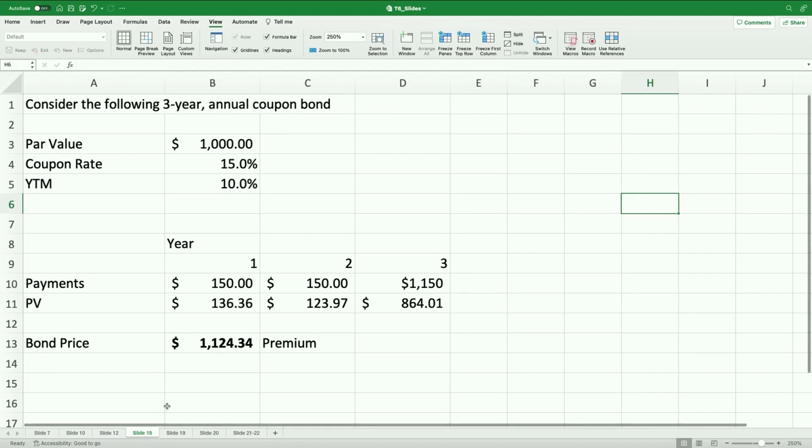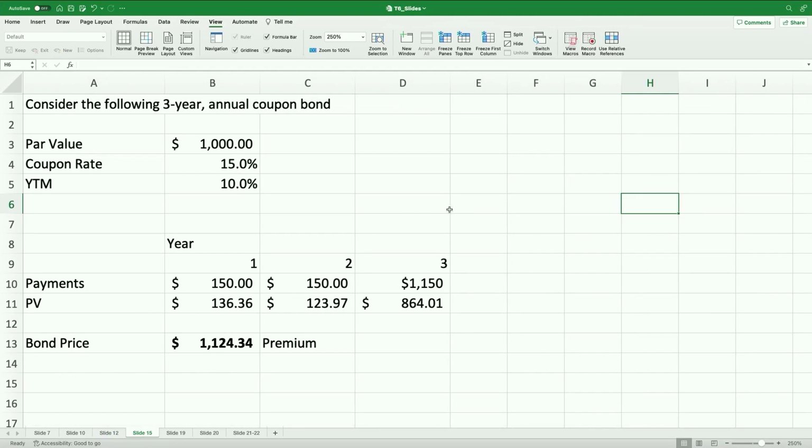So I'm on the next tab. Consider the following 3-year annual coupon bond. The par value is 1,000, the coupon rate is 15%, and the yield to maturity is 10%. Remember, if I use the yield to maturity as the discount rate, I get the bond price.